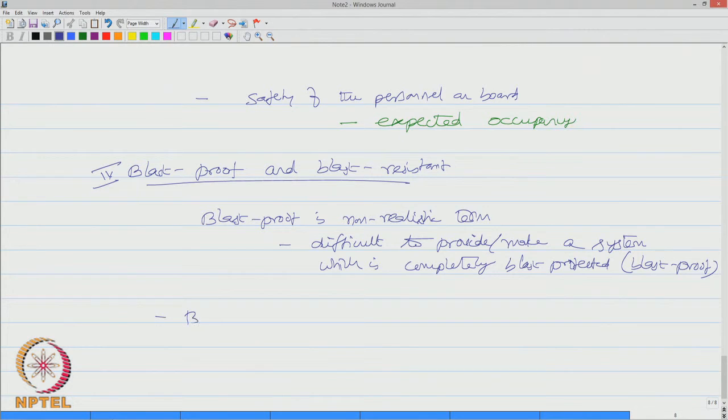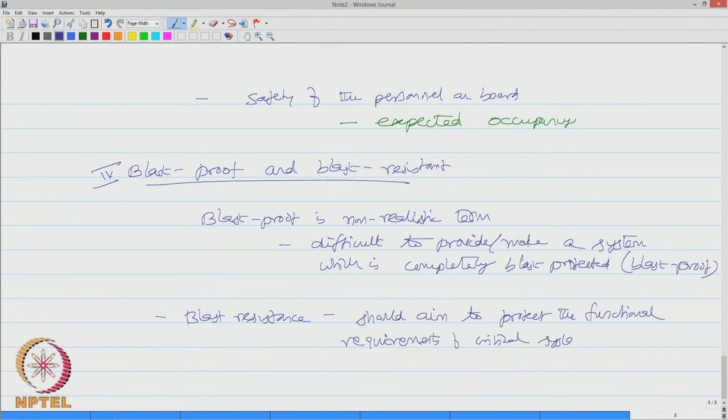Therefore, blast resistant design should aim to protect the functional requirements of critical systems from any irreparable damage.